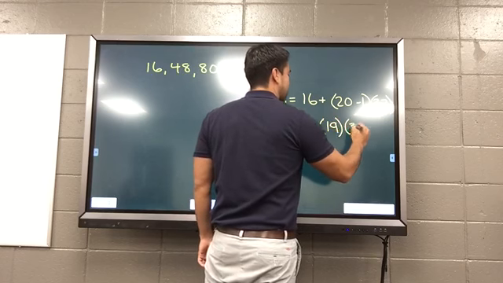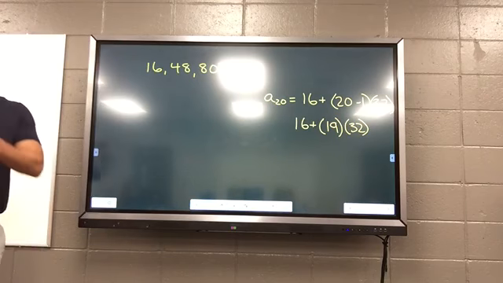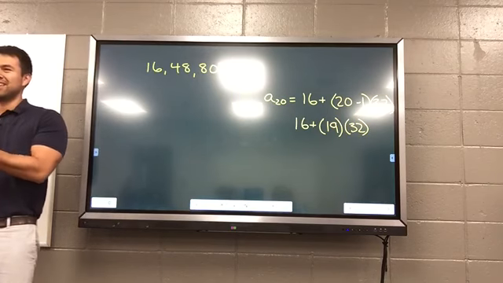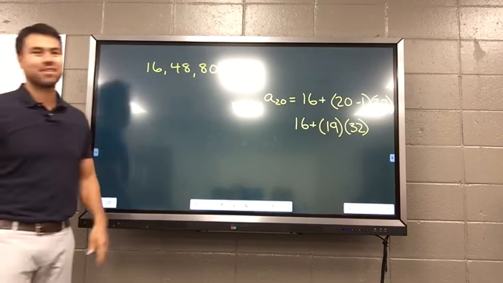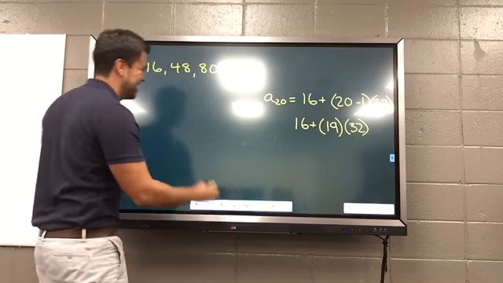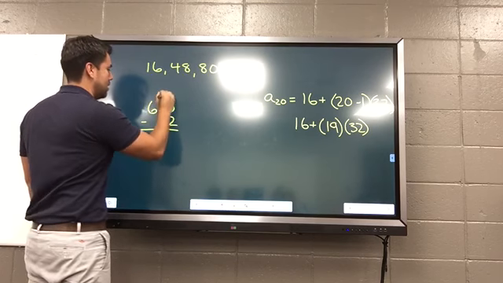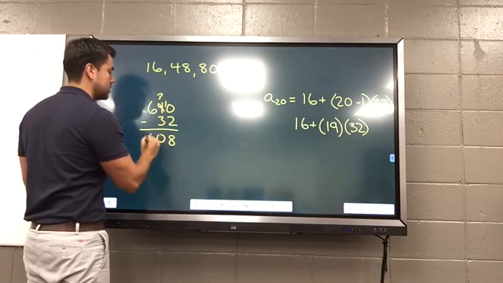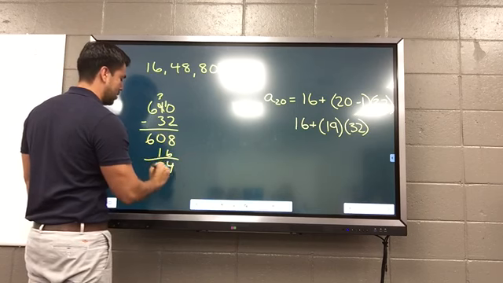You actually have to multiply. It's actually distributive property if you want to make life easier, but that's up to you. So 32 times 20 is 640 minus 32, which would be 608, plus 16, 624.